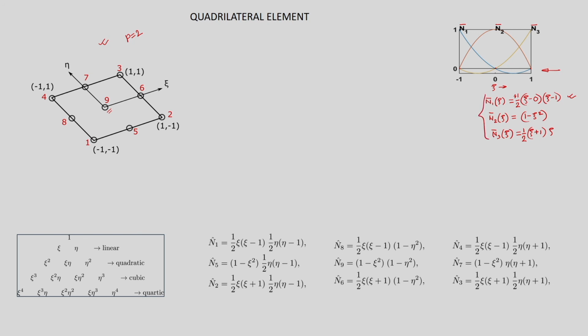So, once we derive the shape functions in the one dimensional case corresponding to p equal to 2, we can take their product and obtain the shape functions for this quadrilateral element.